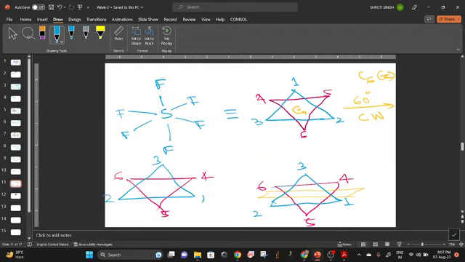Only this thing will happen, but it is still the same as the original configuration because everything is fluorine.